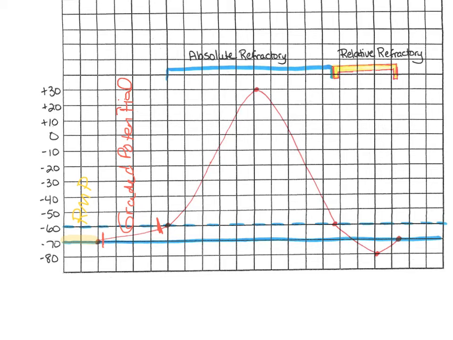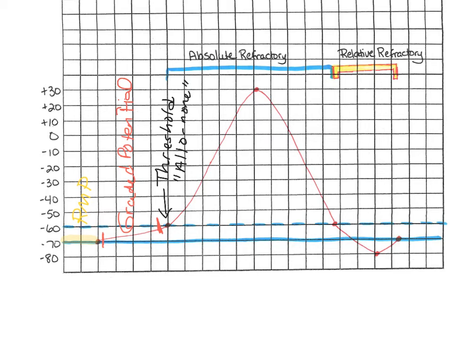Now, when we finally hit threshold, and threshold is negative 60 millivolts, that's when our all or none principle kicks in. All or none.